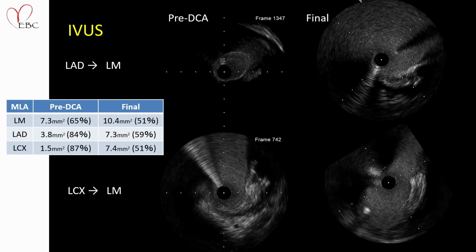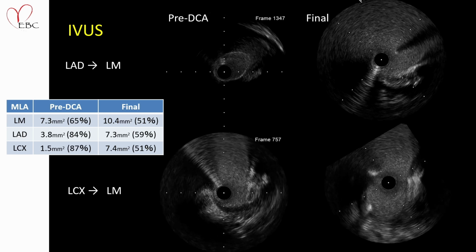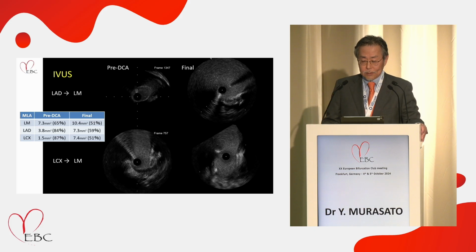Finally, the minimal lumen area was enlarged from 7.3 square millimeters to 10.4 square millimeters in the left main. In the LAD, from 3.8 to 7.3 square millimeters, and in the LCX from 1.5 to 7.4 square millimeters, and the percent plaque area was reduced to less than 60%.